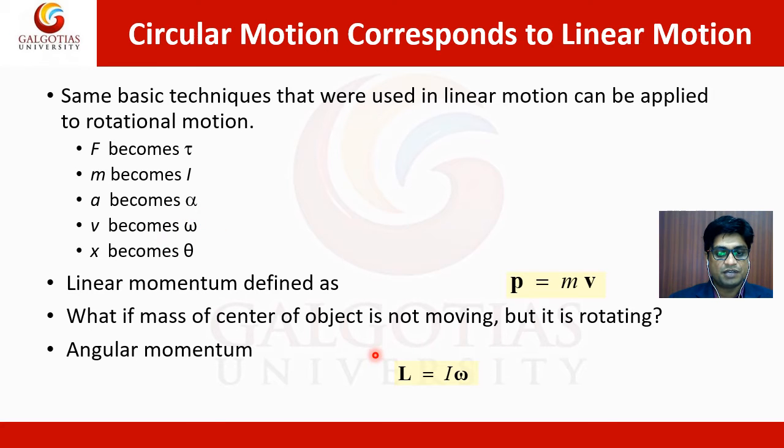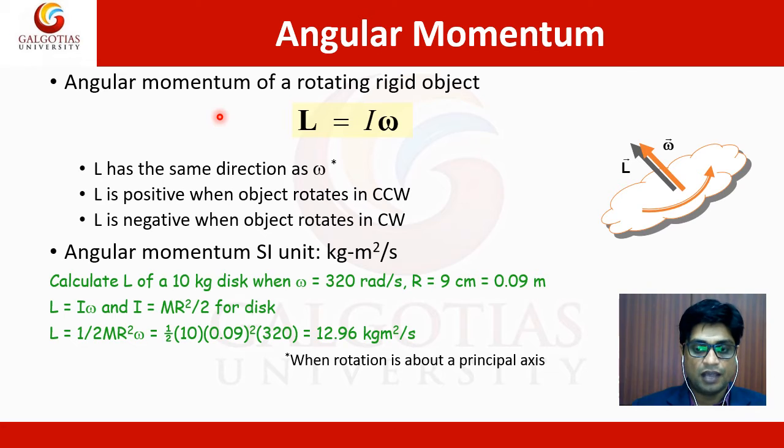So angular momentum, in a similar way, we can write as L is equal to I omega. So you can see the same type of corresponding equations from linear motion to circular motion. In this way, we can write all the equations of linear motion in circular motion using these corresponding physical quantities. Let's define the angular momentum.